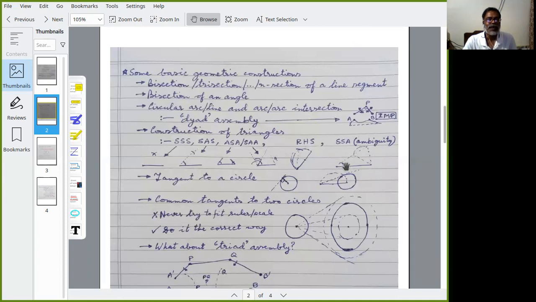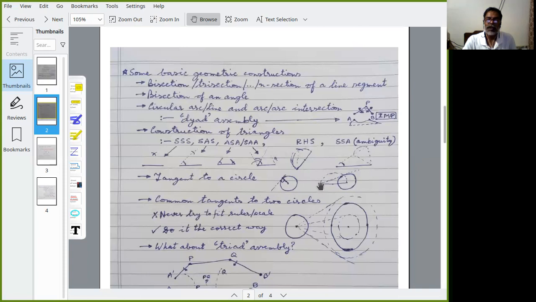Now, the method to draw the tangent to a circle from a point given on the circle is very simple. You draw the corresponding radius, make a right angle, and that is the tangent.